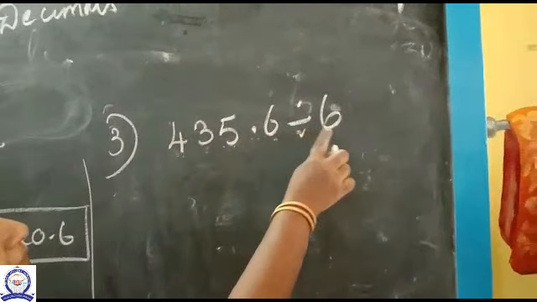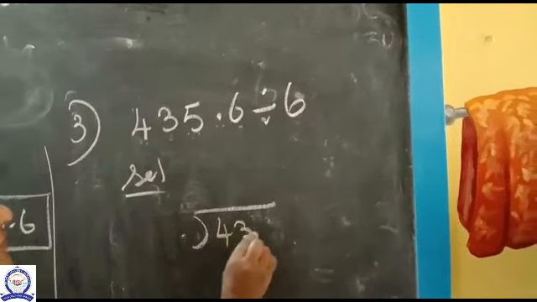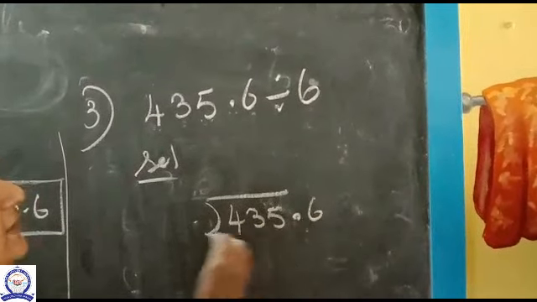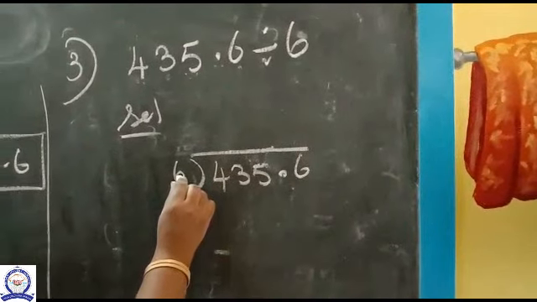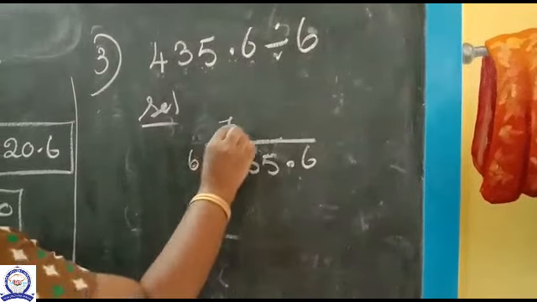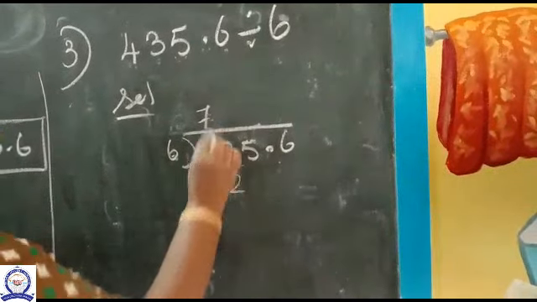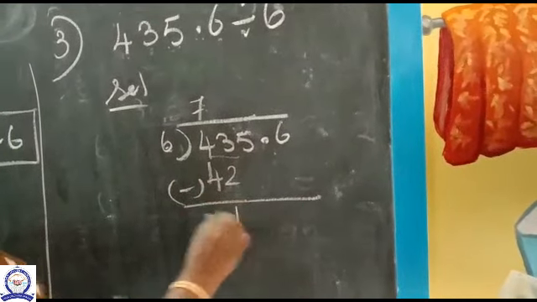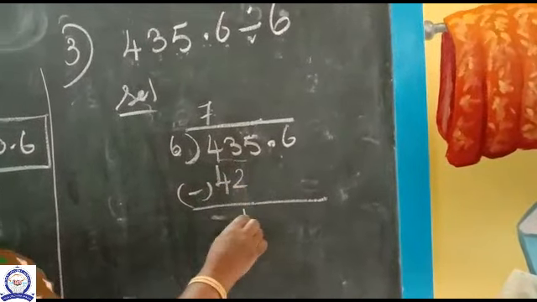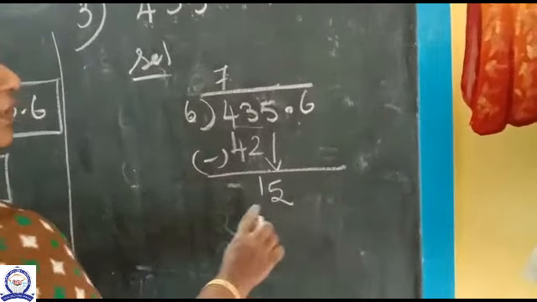435.6 divided by 6. So solution. So 6 6s are 36, 6 7s are 42. Consider the first two digits, 43. So 43 minus 42 is 1. 3 minus 2 is 1. 4 minus 4, 0. So next step 5 கீழே கொண்டு வரோம். Now it is 15.